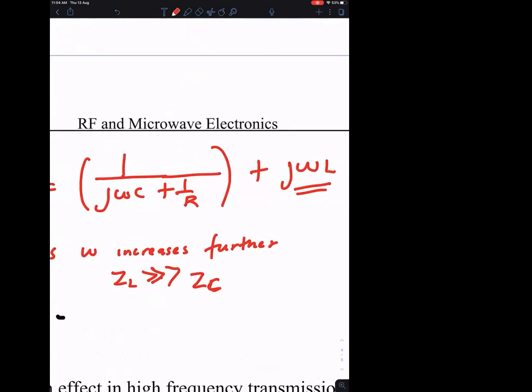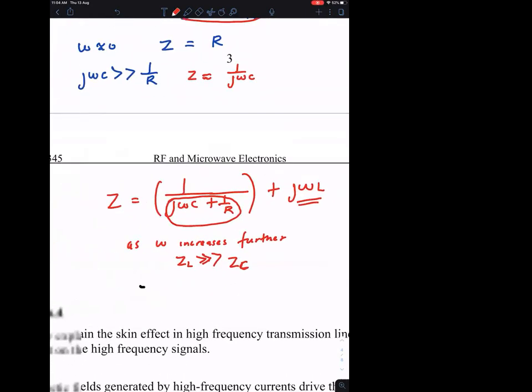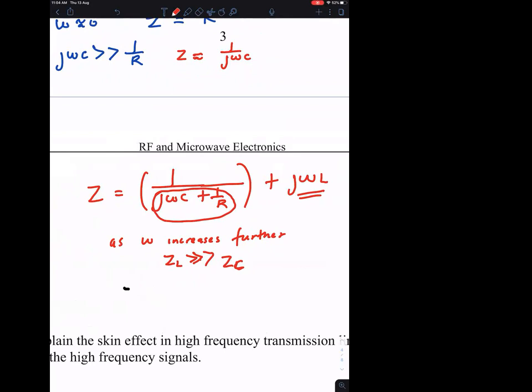After some time, at high frequency, as omega increases further, 1 over j omega C is going to go to 0, right? Therefore, the inductive part is going to take over.